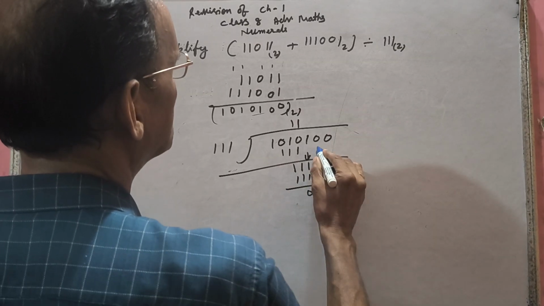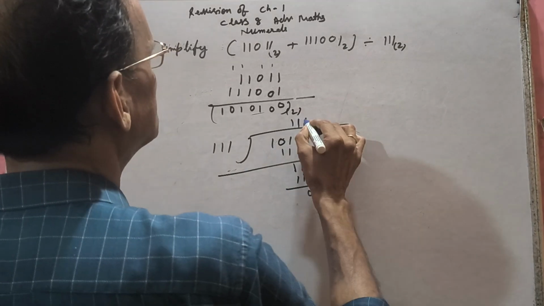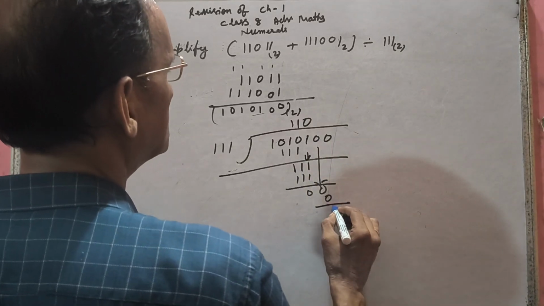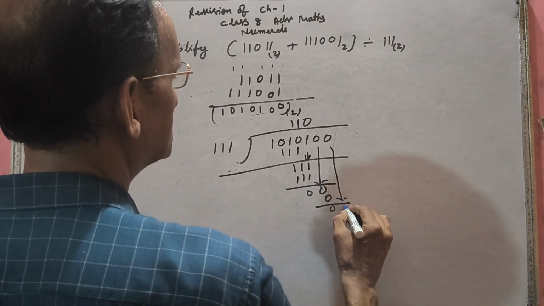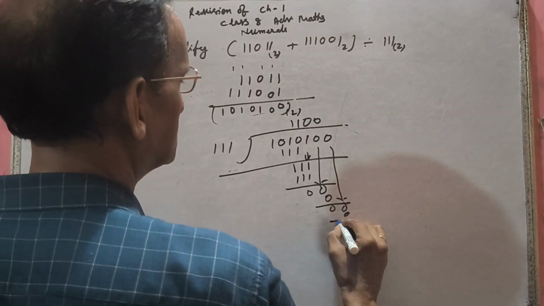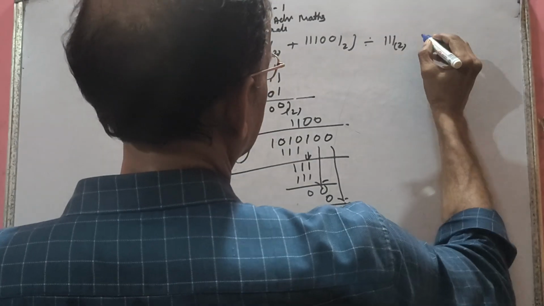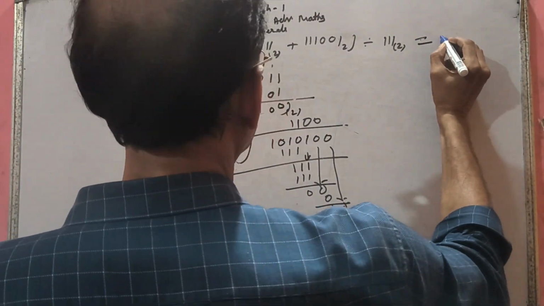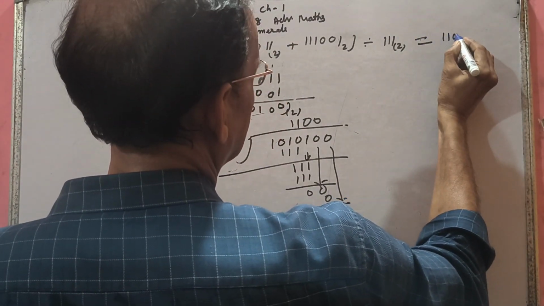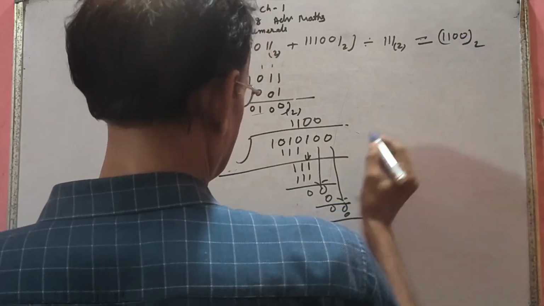So 0. What will I write here? 0. So 0 time only 0. Or directly you can put 0 there. So write the answer. What is the answer? This final answer equals 1100 base 2.